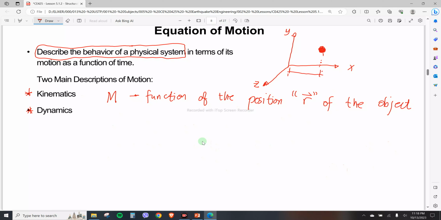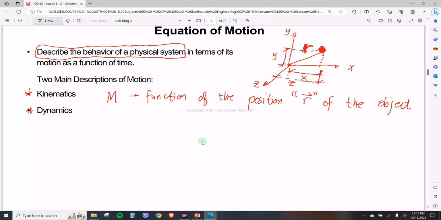So we have a position here along the x. It has also a position along the y, or a position along, let's say, z. So it is described by rectangular components. And then its magnitude from this point is symbolized as r.